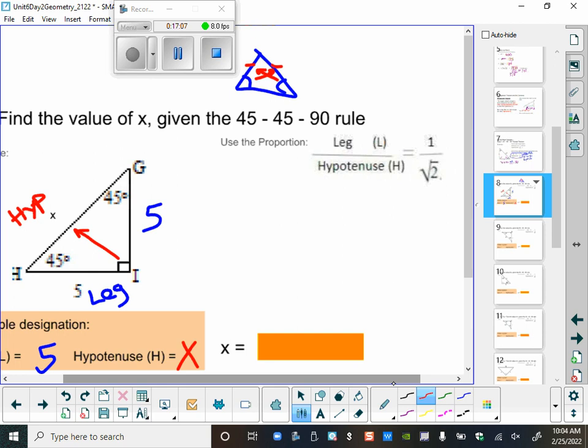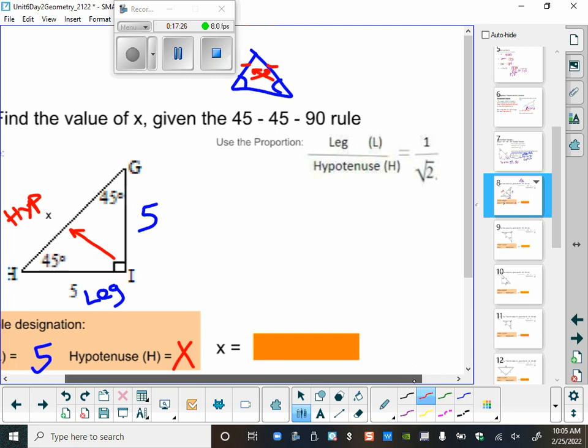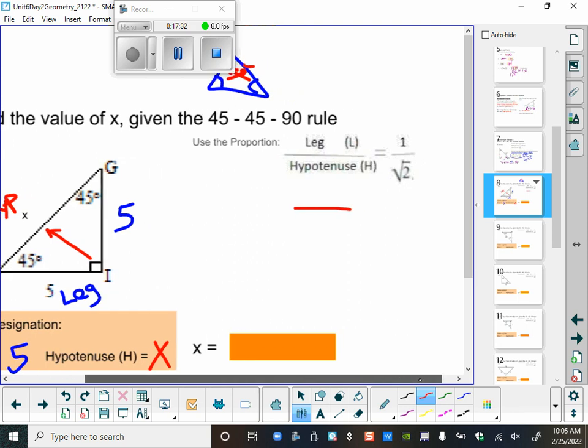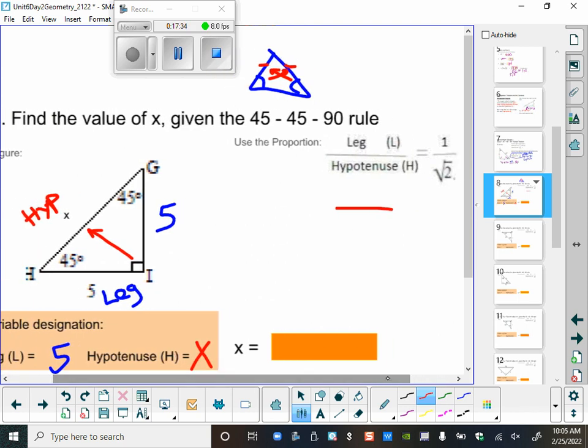Leg over hypotenuse, 1 over square root of 2. Because usually this side, you multiply by square root of 2, you're going to get a hypotenuse. So this is how we're going to do this. Leg. How long was the leg? Leg was 5. So you're going to replace in your proportion when you do your setup.